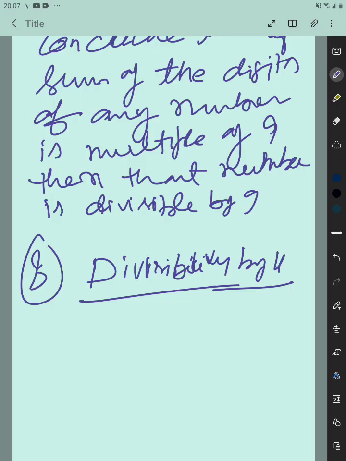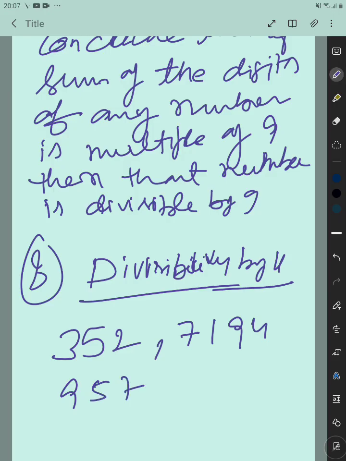Let's take a few numbers, like 352. Actually, I have already taken this number, so you need to find out. One other number I have taken is 7194. Let's take one more number, a known number, that is 957.